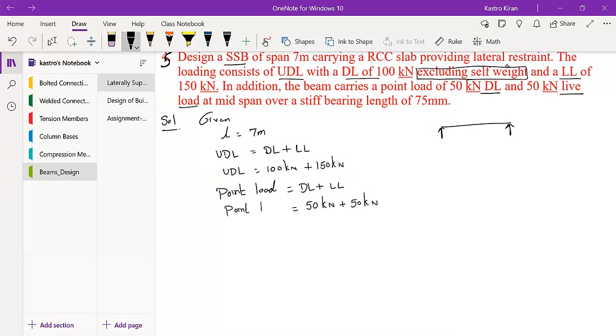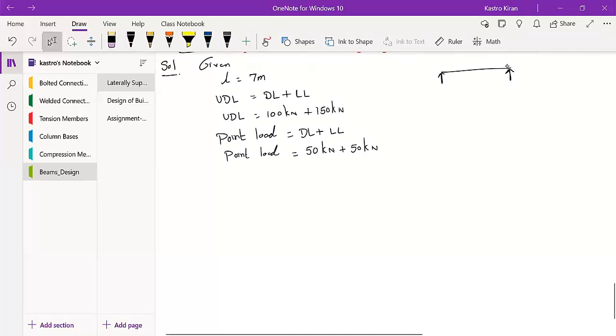So this is the loading pattern which they have specified. And they have also said a stiff bearing length of 75 mm. Bearing length or stiff bearing length, anything is the same. It is usually denoted with b1, and it is given as 75 mm. This is the data that is provided.